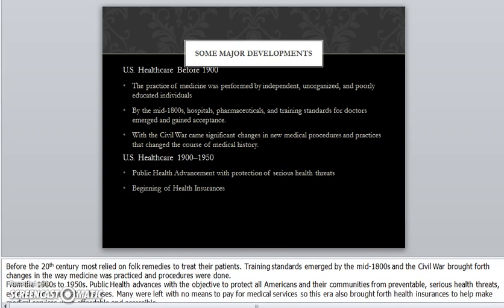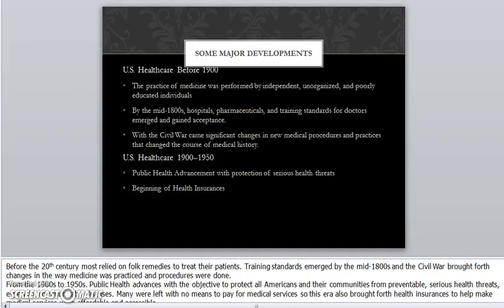The major developments: before the 20th century, most relied on folk remedies to treat their patients. Training standards emerged by the mid-1800s, and the Civil War brought forth changes in the way medicine is practiced and procedures were done.